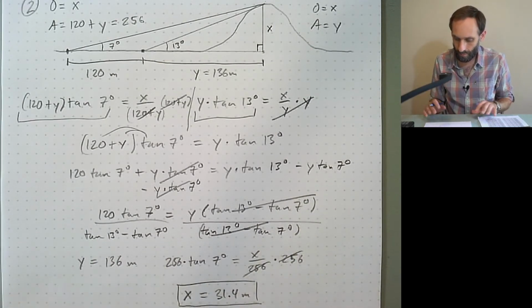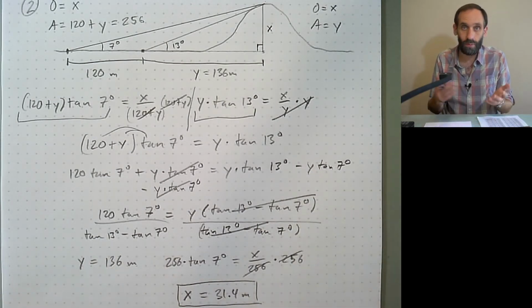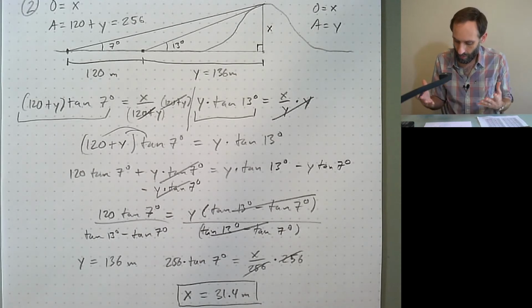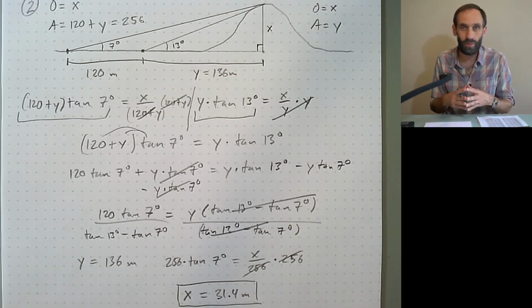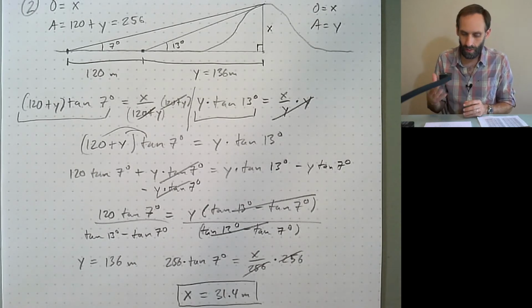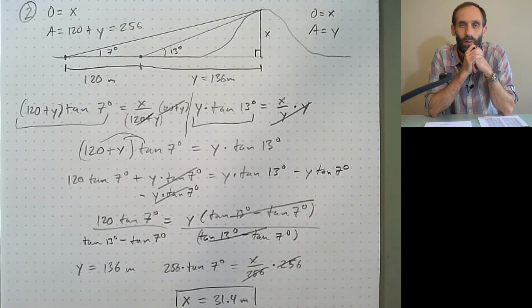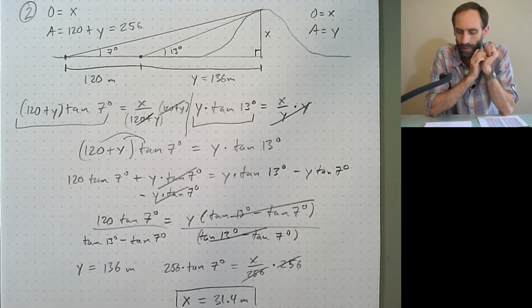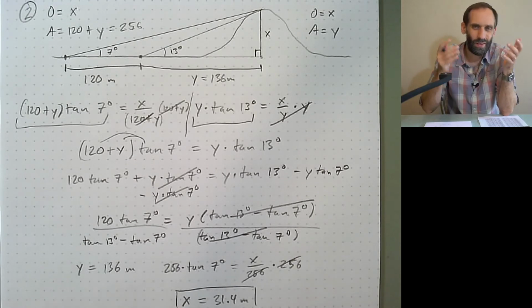So that, as you can see, is a bit more complicated than some of the other things we've done, but hopefully this also shows you that you can use these techniques of trigonometry to solve some more advanced and challenging problems as well.